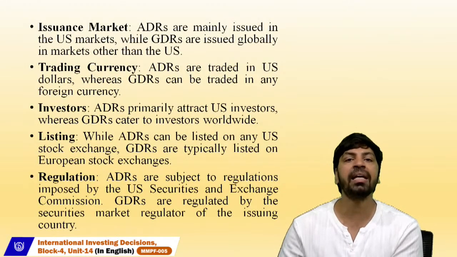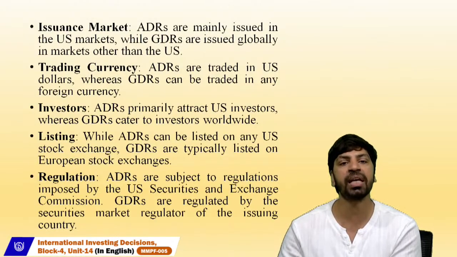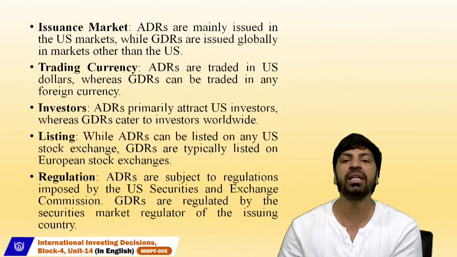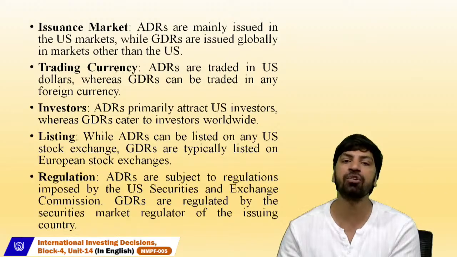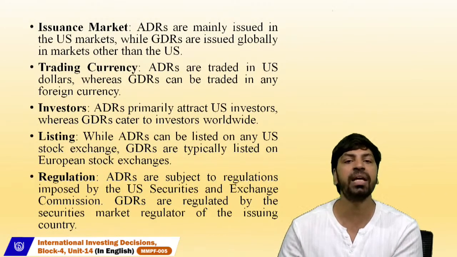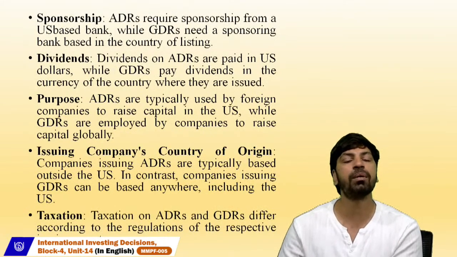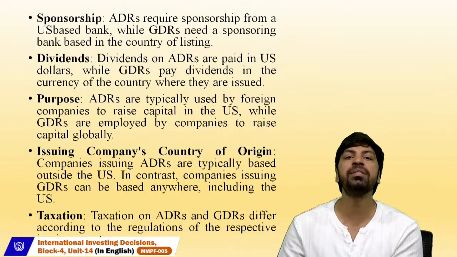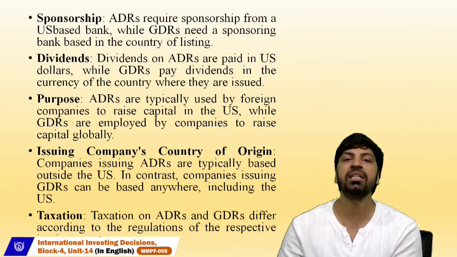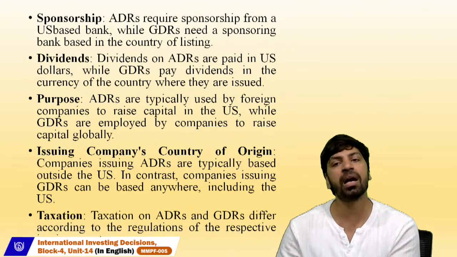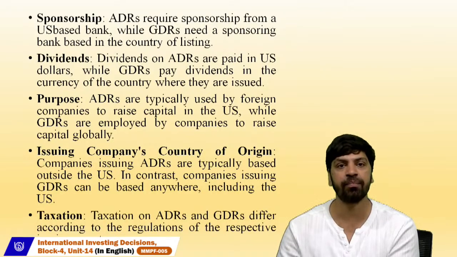Regulation: ADRs are regulated by the US Securities and Exchange Commission, and GDRs are regulated by the securities market regulator of the issuing country. Sponsorship: ADRs require sponsorship from a US based bank, but GDRs need a sponsoring bank based in the country of listing.